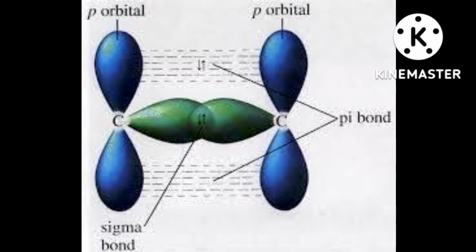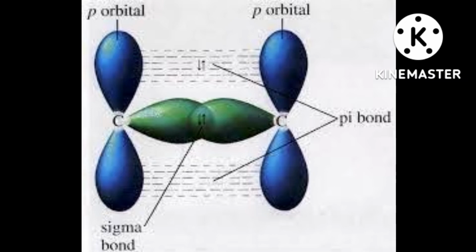This is called positive sign, or overlapping in phase. Both are on the x-axis, so the direction will be the same. That's why they will overlap.